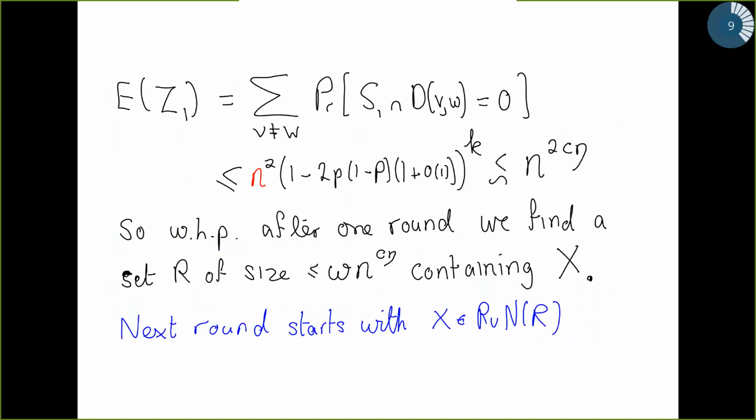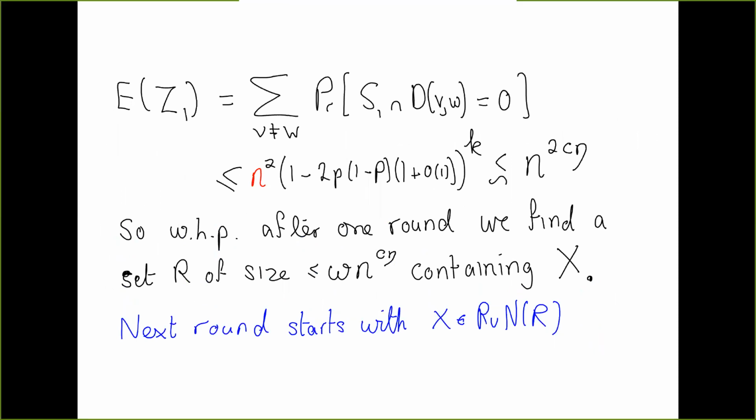So all you have to do is a bit of calculation. You work out the expected size of Z1. And that's not a terrible calculation. It comes out to be n to the 2c eta, where eta was something I said before, like log(1/p) over log n. So what does this mean?